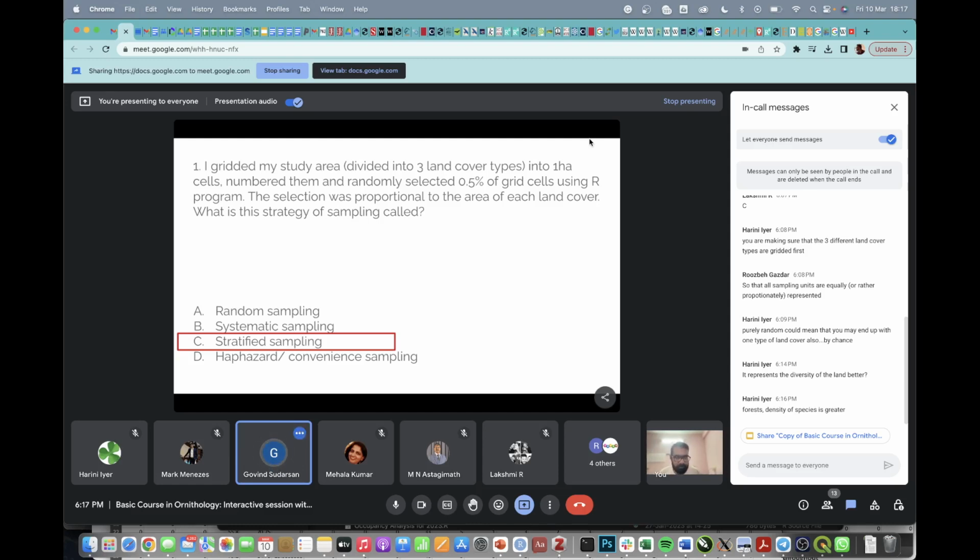There are also multiple strata in the forest: each bird has its own niche, so we have to make sure we cover undergrowth, middle part, and canopy. So what I understand from Govind's and Lakshmi's points is that you have to put more effort in the forest than in the grassland. Are we clear on this? Yes, sir. When it comes to effort, we could also mean the number of plots we sample in both the grassland and the forest area.